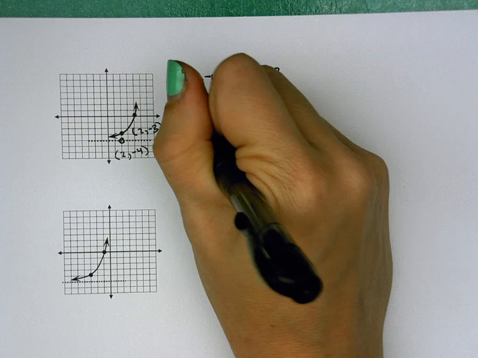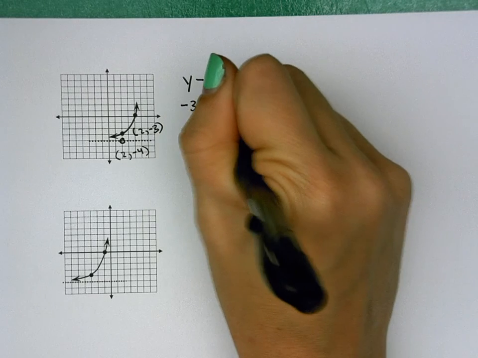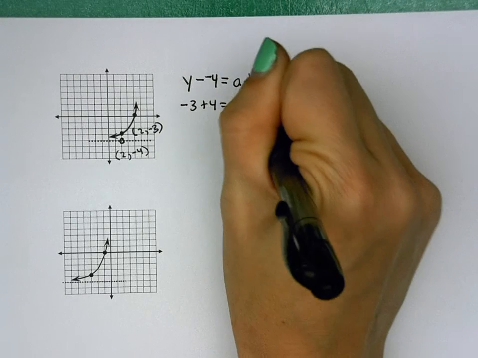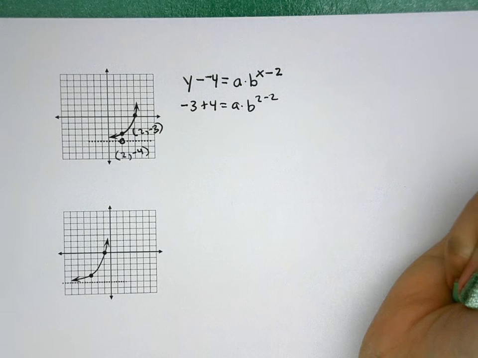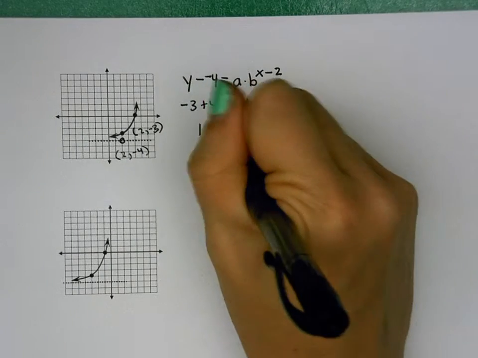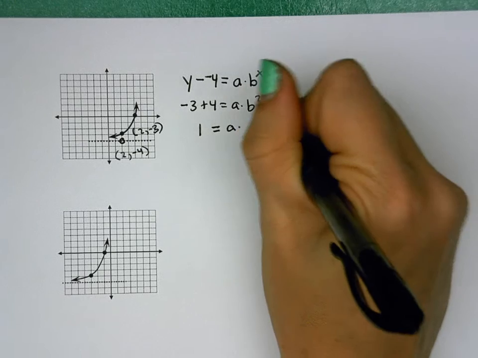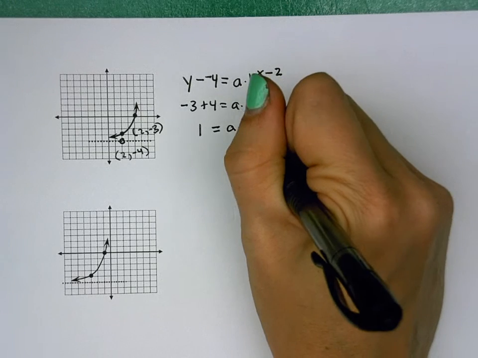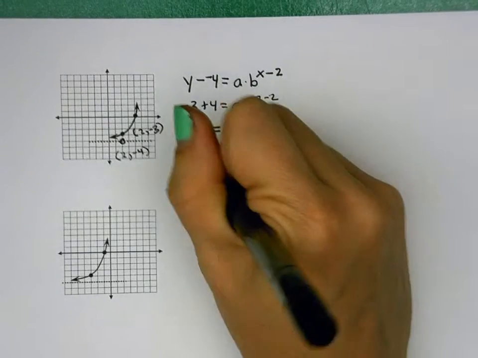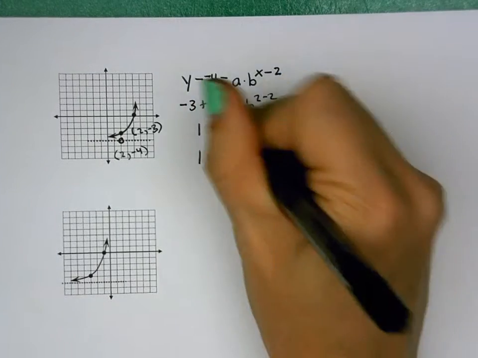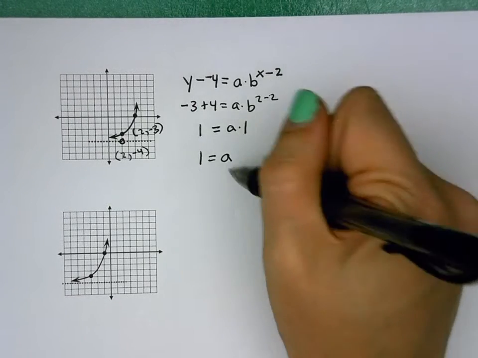Okay, so plugging that in, we have negative 3 plus 4 equals a times b to the 2 minus 2. Negative 3 plus 4 is 1. A times b to the 2 minus 2 is the same thing as b to the 0, which is 1. And so my a is 1 in my equation up here. Let's go ahead and rewrite it with a as 1.